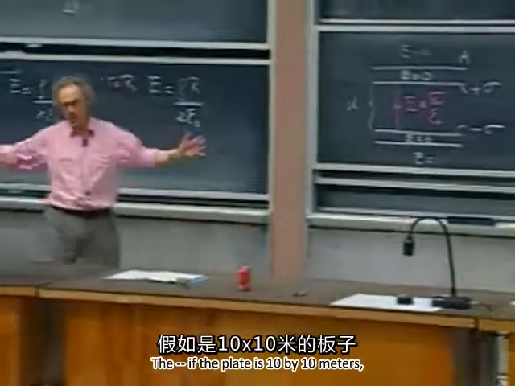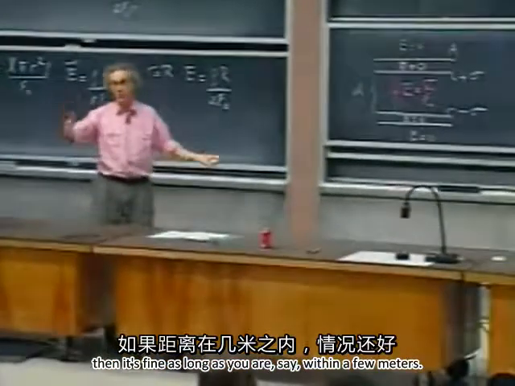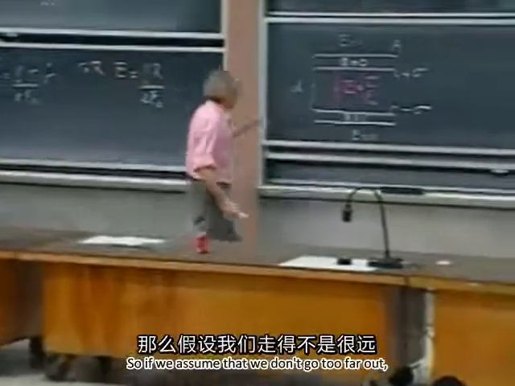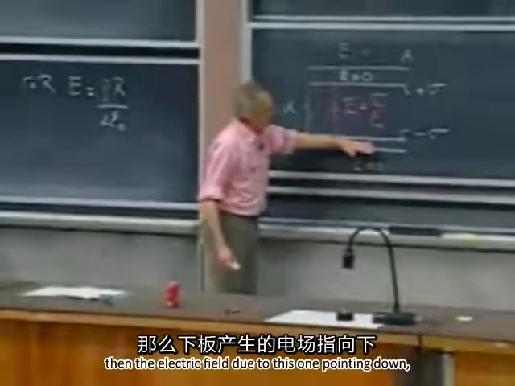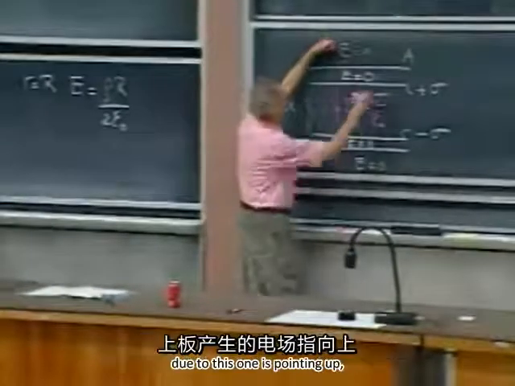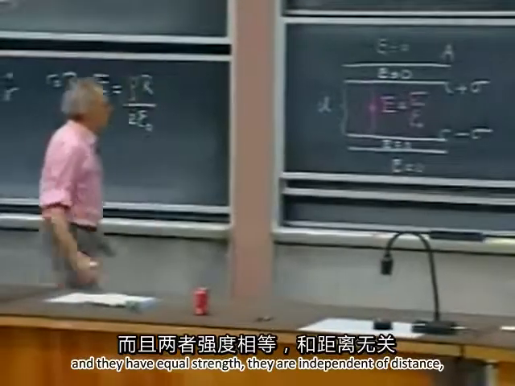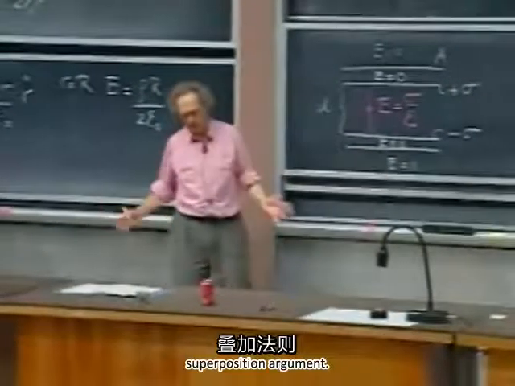If the plate is 10 by 10 meters, then it's fine as long as you are, say, within a few meters. But if you go 100 meters away, then it's not true anymore. So if we assume that we don't go too far out, then the electric field due to this one pointing down, due to this one is pointing up, and they have equal strength, they're independent of distance, so they cancel each other here, and they cancel each other there. Superposition argument.